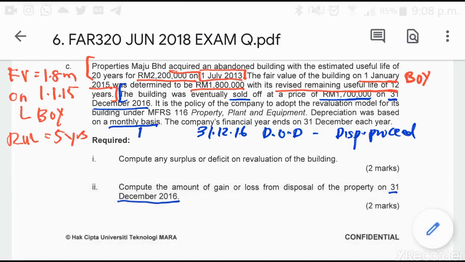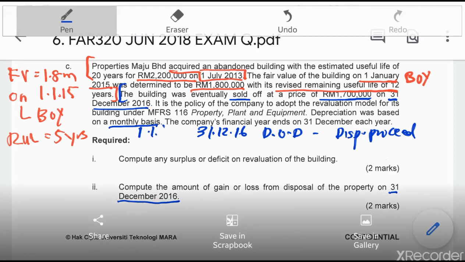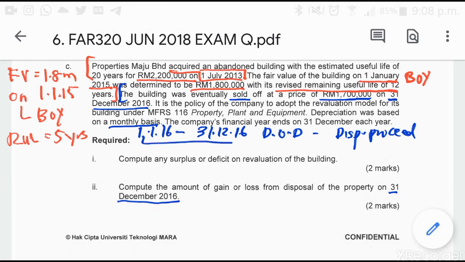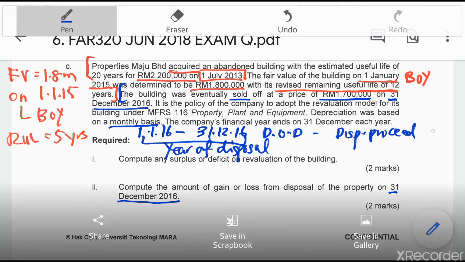So from 1st of January 2016, in the year of disposal, you will still provide depreciation. And after you have provided the depreciation, only then on 31st of December it was disposed. So throughout that year you have provided depreciation, because it is a monthly basis. The year end of the company was 31st of December each year.